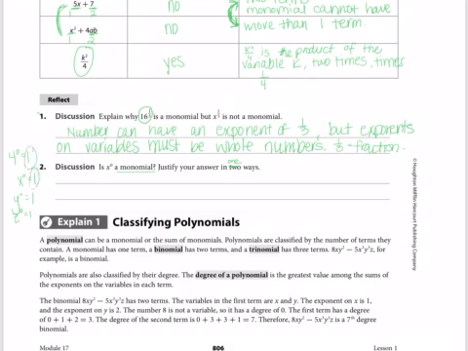So we know that if we have 1, we have one term, which means that it is a monomial. So x to the 0 is equal to 1. And 1 is a number. Okay?